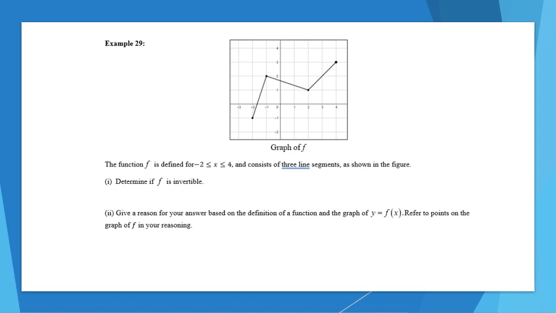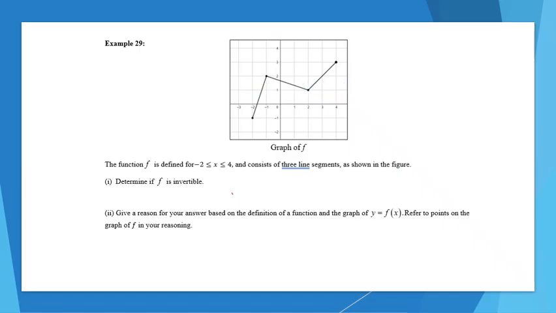Example 29. The function f is defined for negative 2 to 4. Determine if f is invertible or not. So here it clearly breaks the horizontal line test, so it is not invertible.